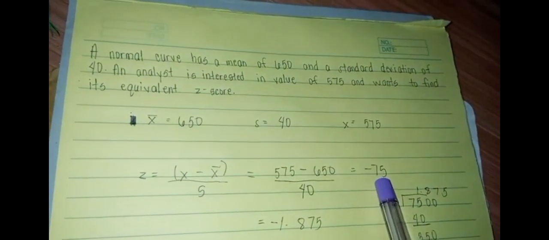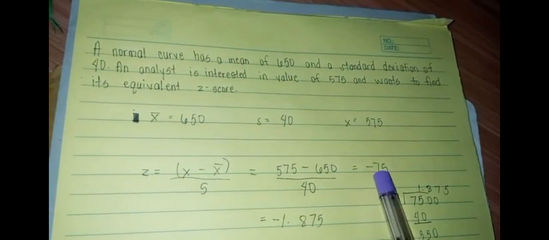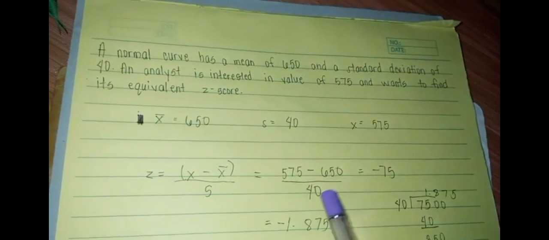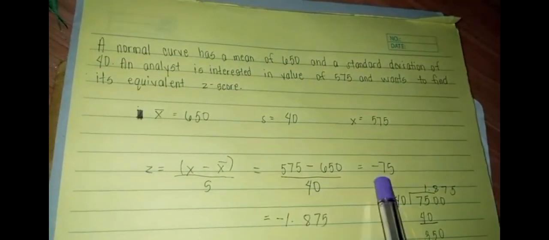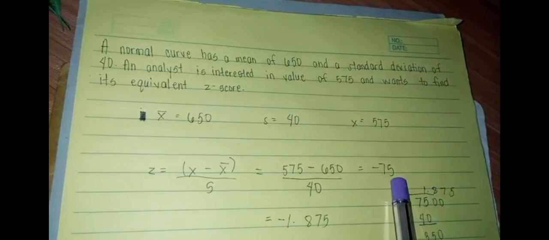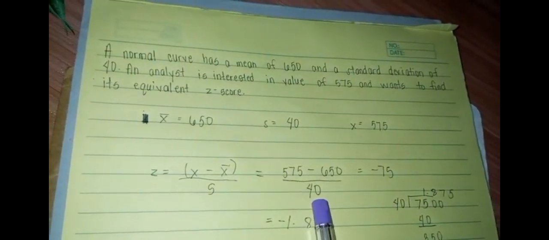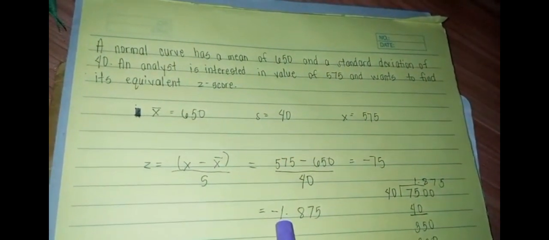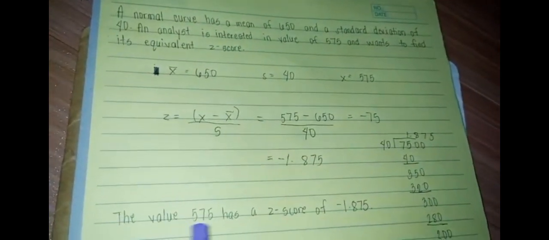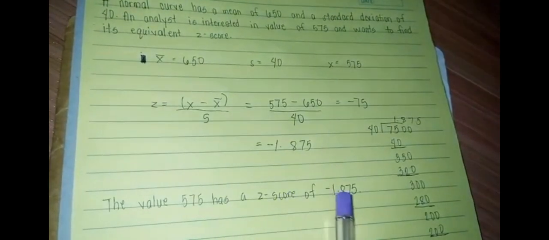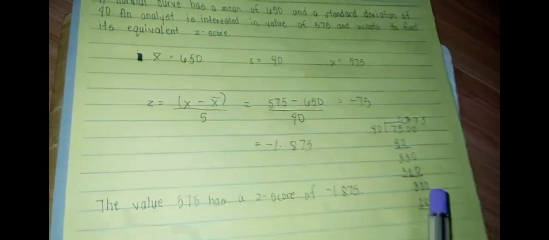Next, we divide -75 by the standard deviation 40. -75 divided by 40 is equal to -1.875. Therefore, the value of 575 has a z-score of -1.875.